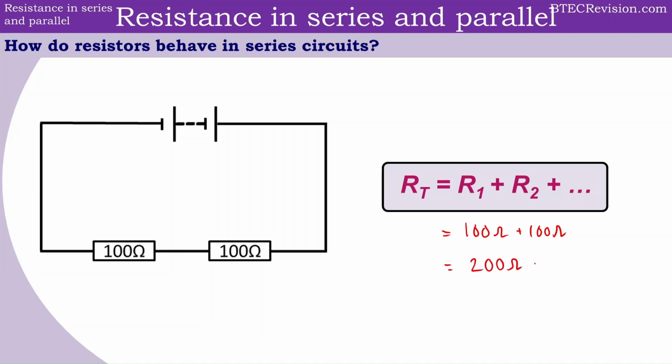So effectively, we can redraw this circuit with the cell as before, and we can replace these two resistors with one big 200 ohm resistor. So these two circuits are equal.